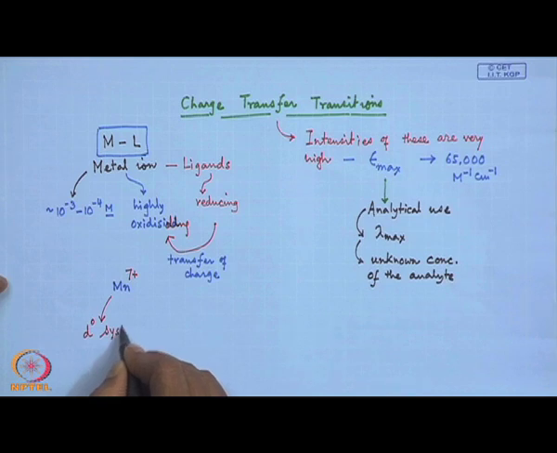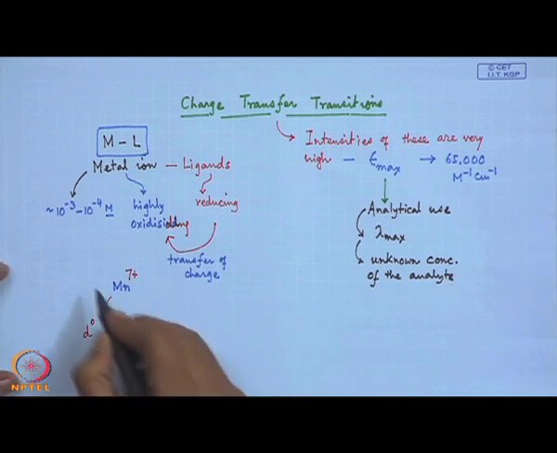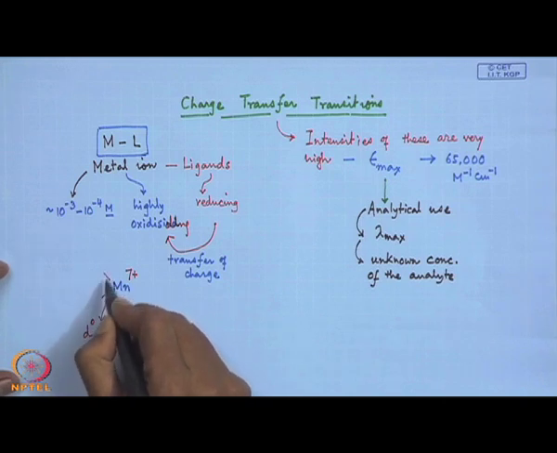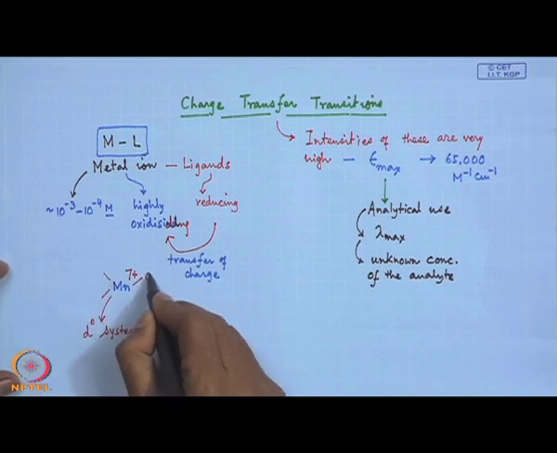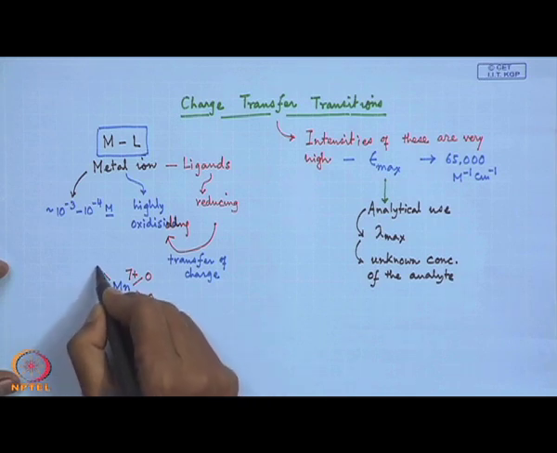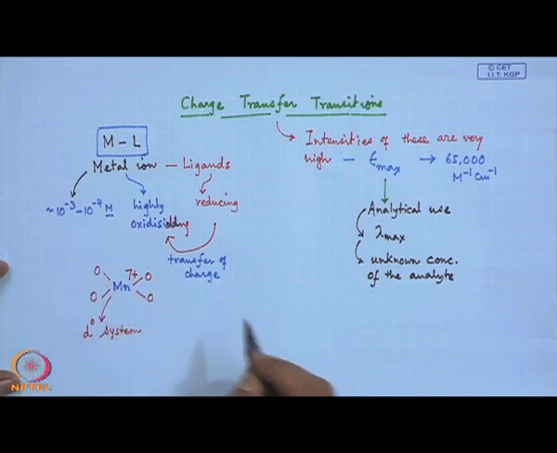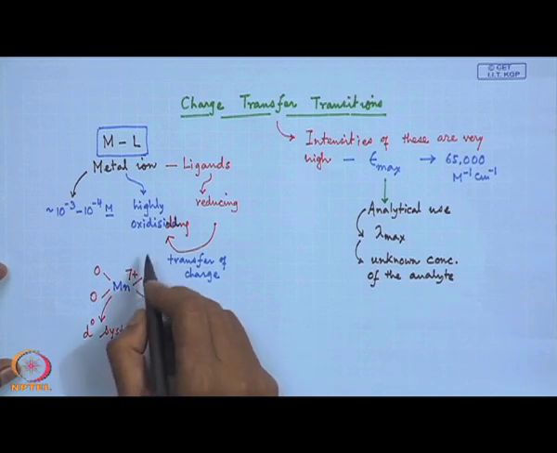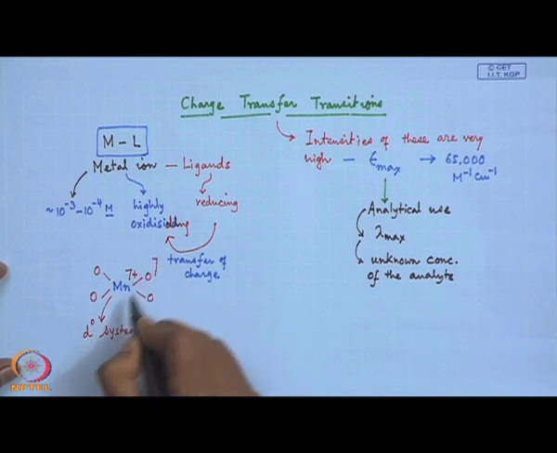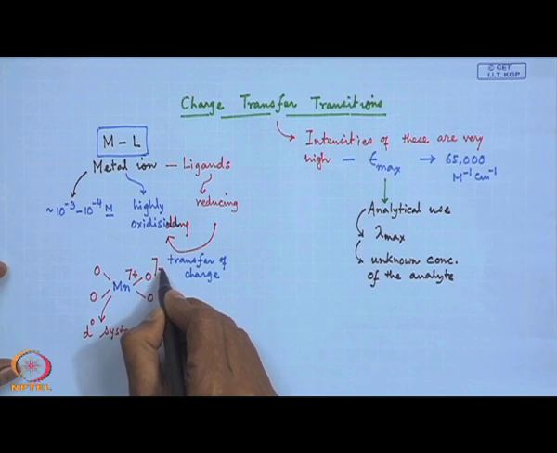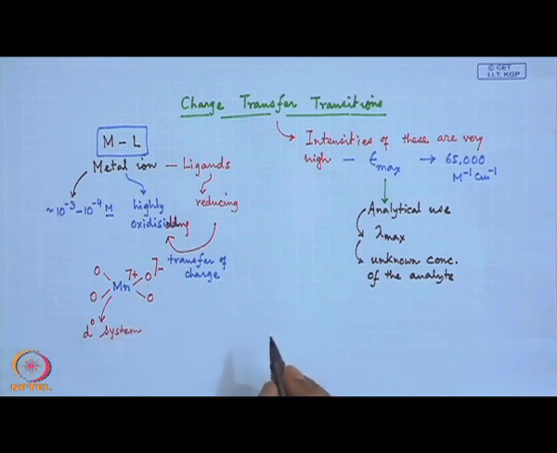So, for a d0 system, if we have four oxygen ligands surrounding this manganese center, that means MnO4, and since manganese is in the +7 oxidation state, the overall charge would be minus.